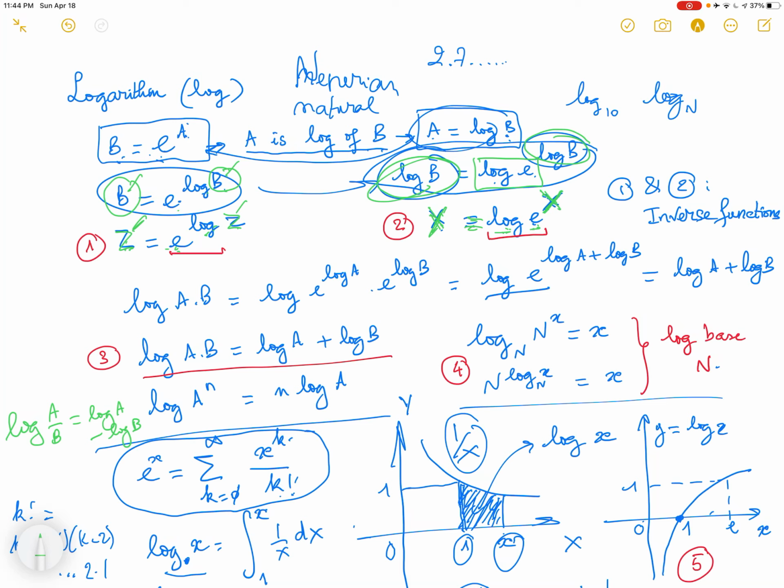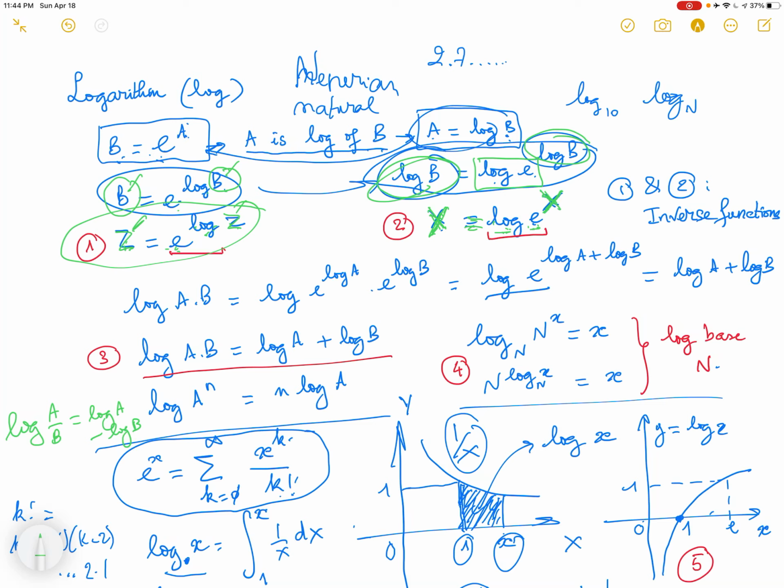Those are rule number 1 and number 2 that you should take away: if you raise e to the log of something, that number stays the same. Likewise, you can rewrite x as log of e raised to the power of the same value.